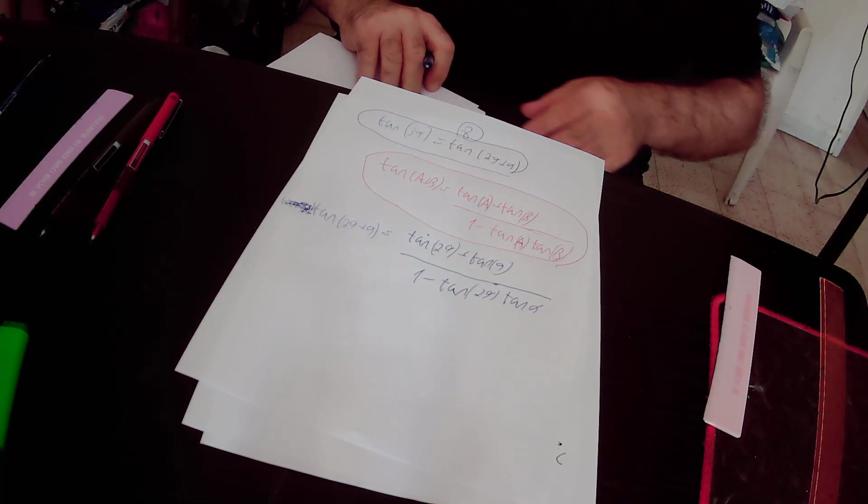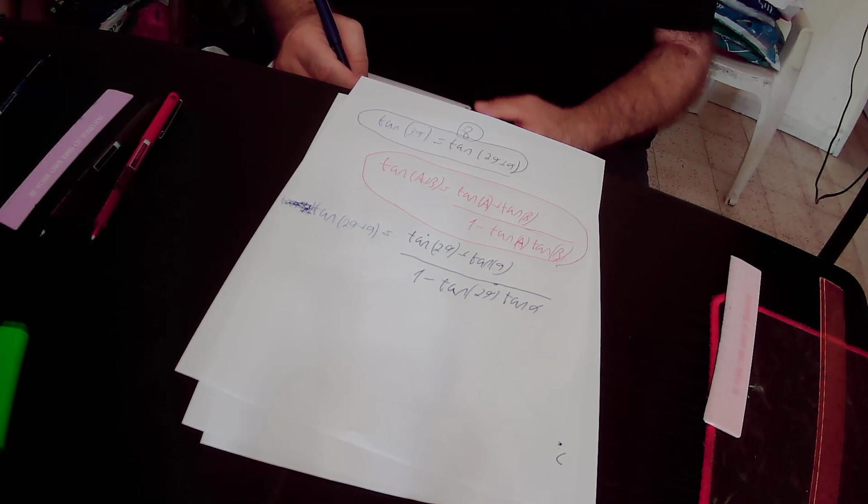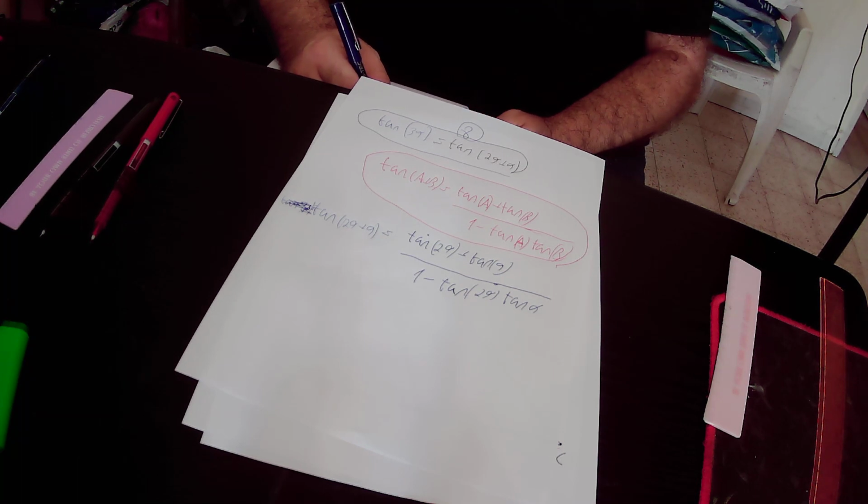And we will get that tangent 3 alpha, we have already found out that tangent 3 alpha equals 7 plus x over 3 times root 7.